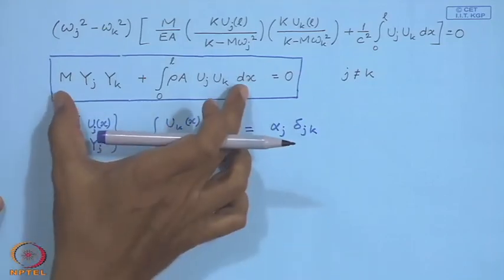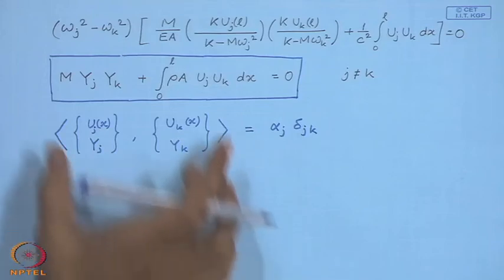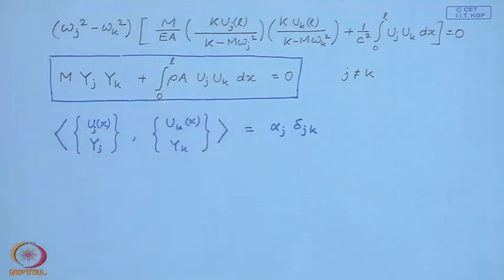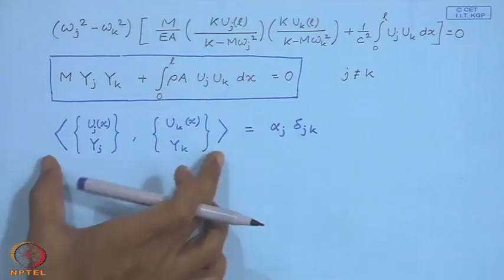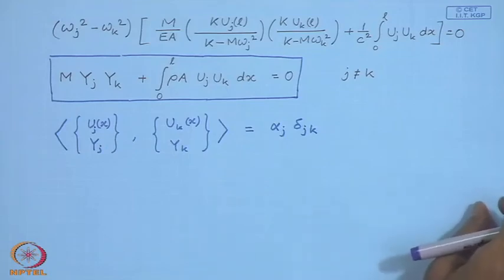So, you see this is not a trivial or a simple inner product that we obtain for other systems. Here you have to follow this procedure in order to determine the structure of this inner product, how this inner product is calculated based on the eigenfunctions.